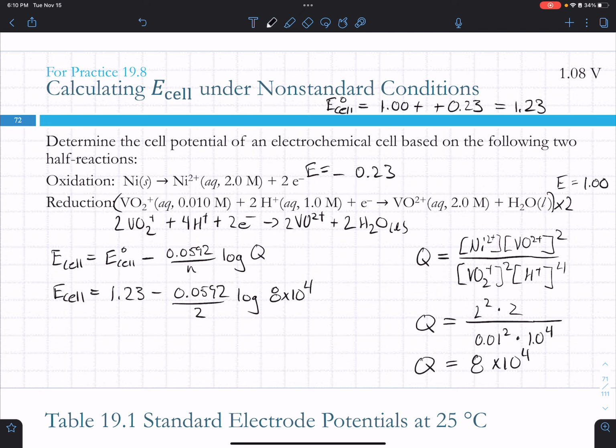In this case it could be negative, because the log base 10 of 8 times 10 to the 4 is going to stay positive. So it depends on whether this portion is larger than 1.23. If K here was less than 1, then this portion would be negative, and then this would have to be positive. Divided by 2 times the log of 8e to the 4.